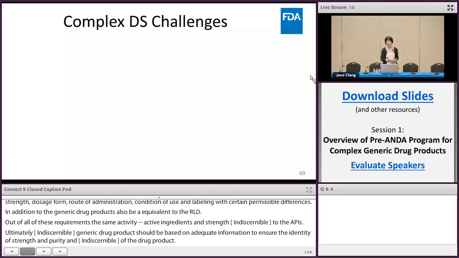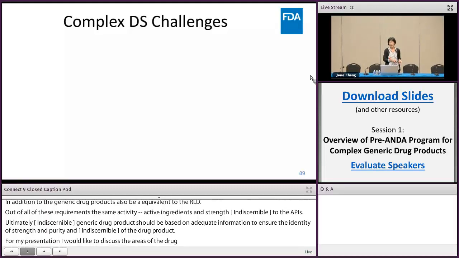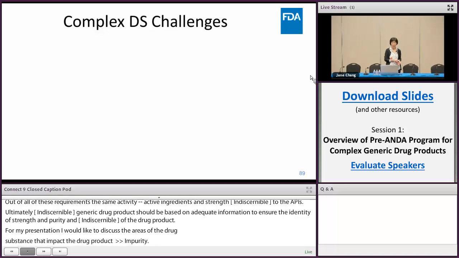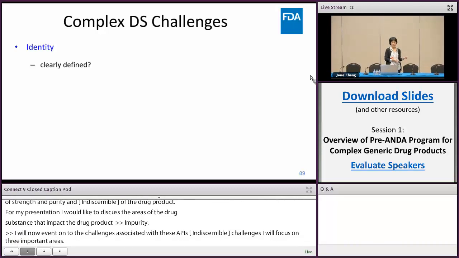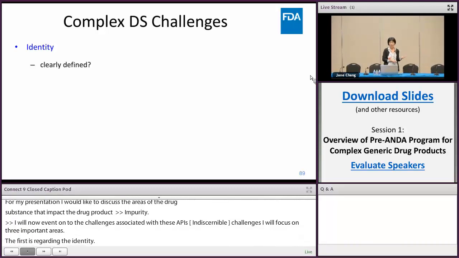I will now move on to the challenges associated with these APIs. To illustrate the challenges, I will focus on three quality areas. The first is regarding identity. For a drug substance that is a mixture, the identity of the drug substance may not be clearly defined.